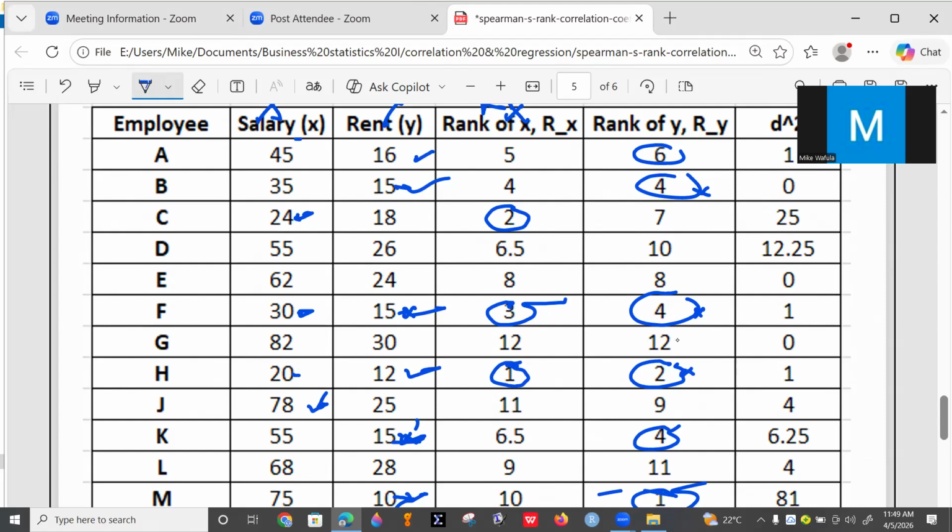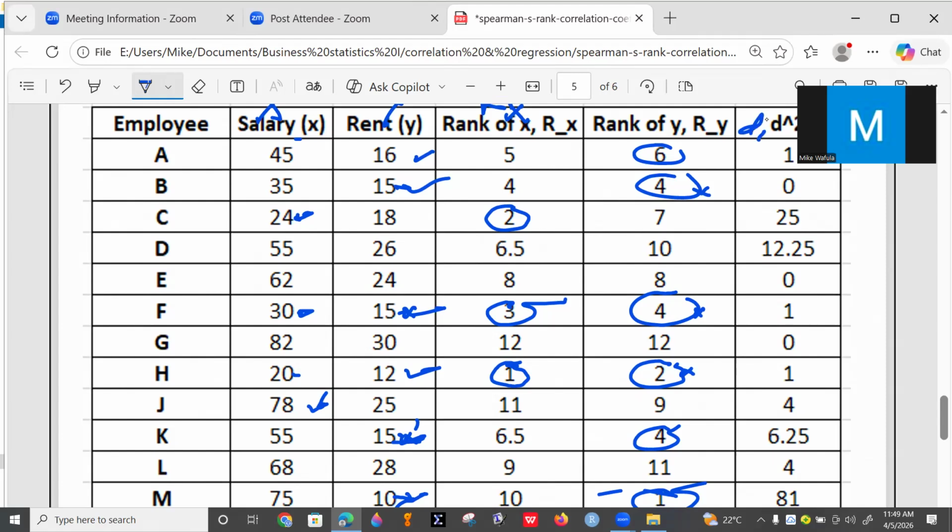You get the average of the positions the ties hold. So if there are 3, you're talking of the average of the 3 positions, which could have been positions 3, 4, and 5. Once you have done the rankings for all of them, you now have the last column, which is Di.